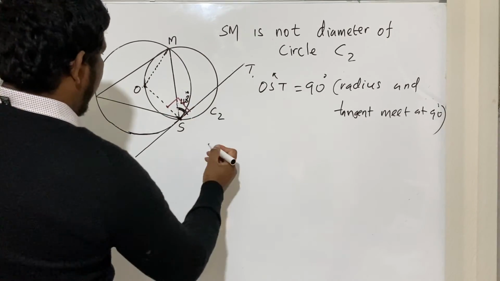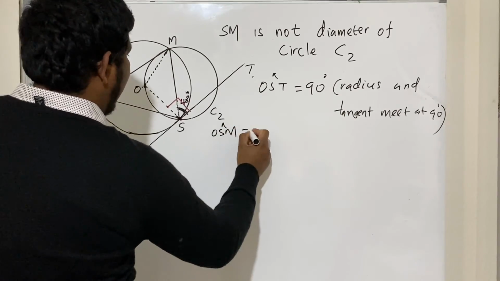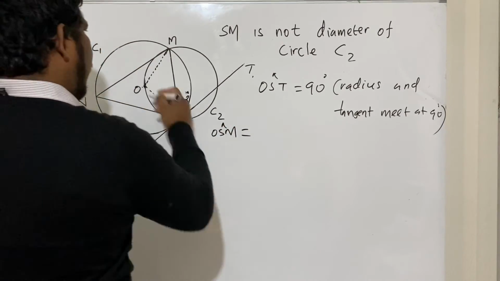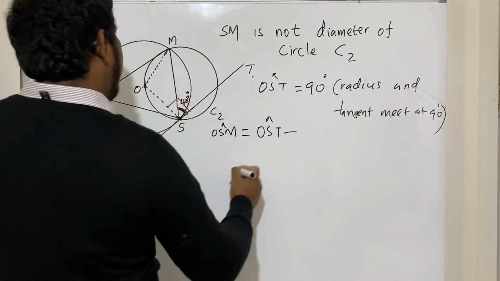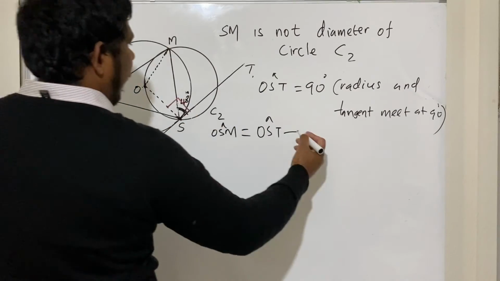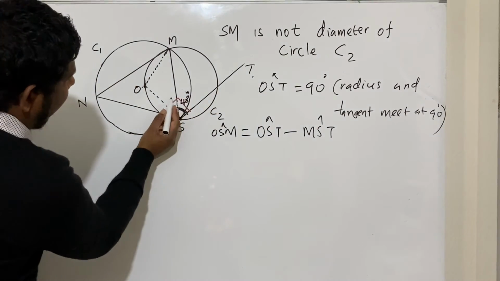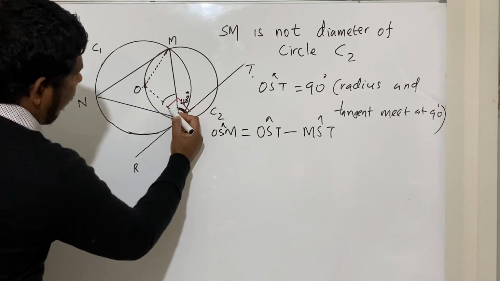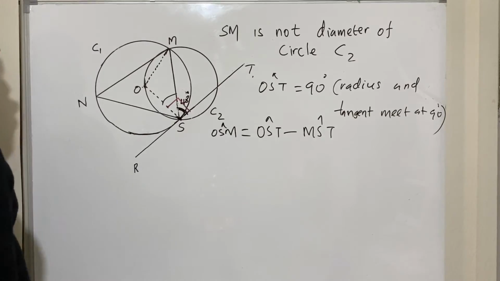So we know angle OSM is equal to angle OST minus angle MST, because this angle is equal to taking away this 48 from the right angle.